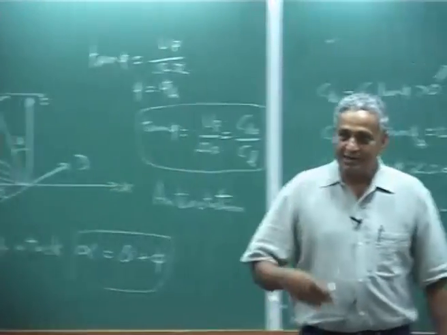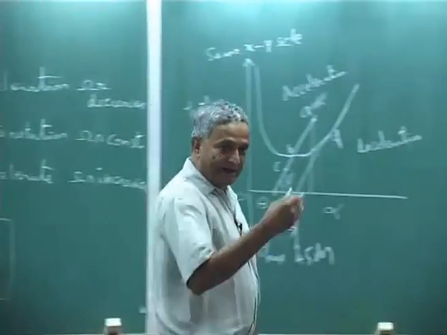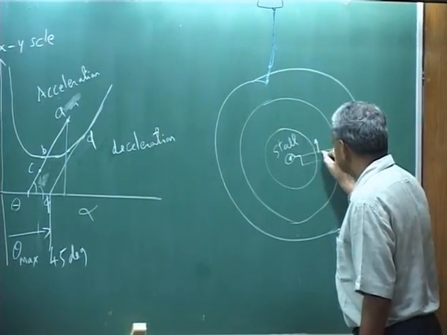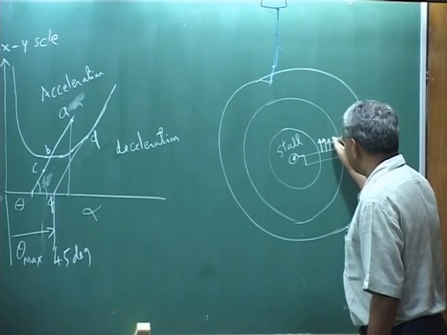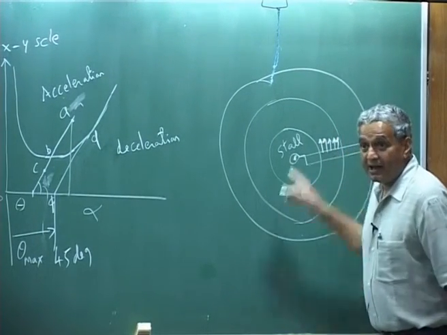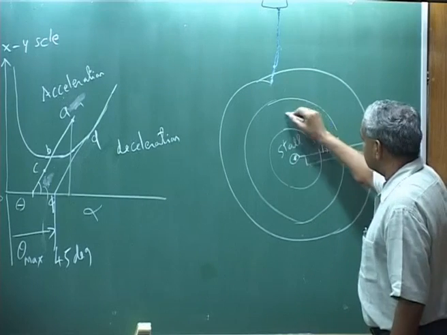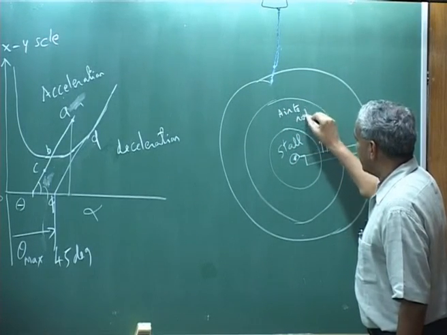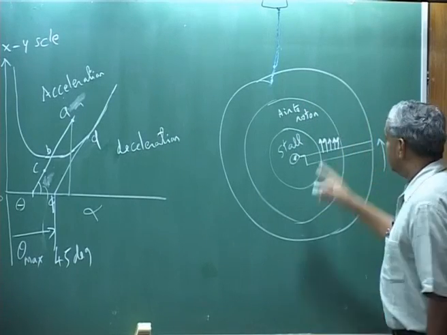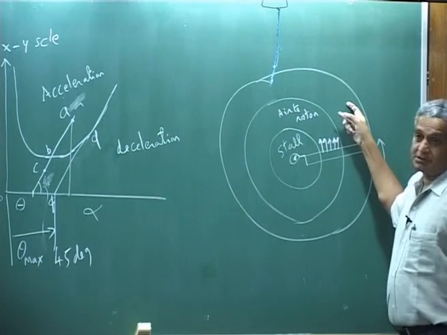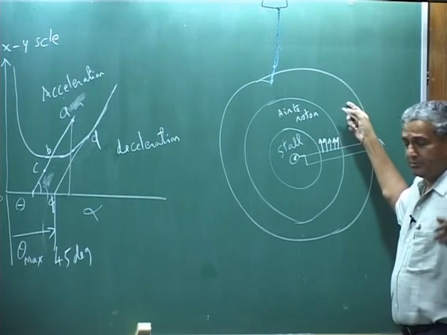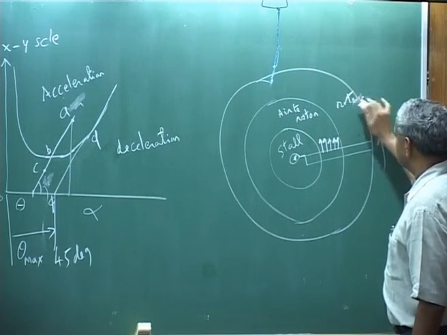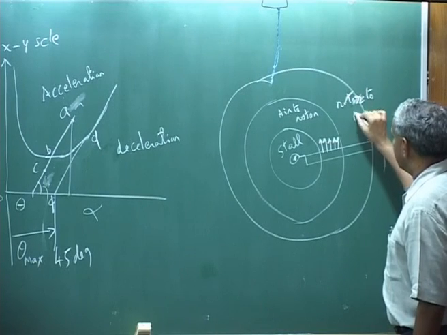Now, in that zone, this is where power goes from air to rotor, that is air to rotor. Here it is actually rotor to the air, like a normal operation. This is from rotor to air.